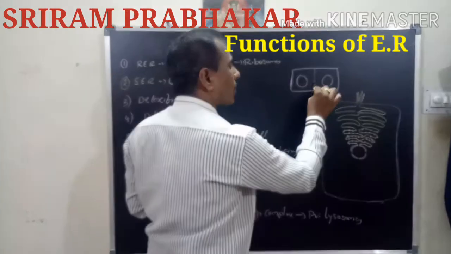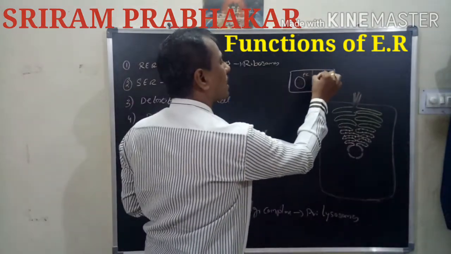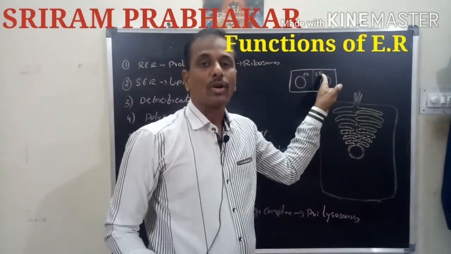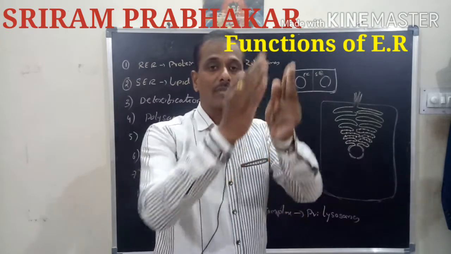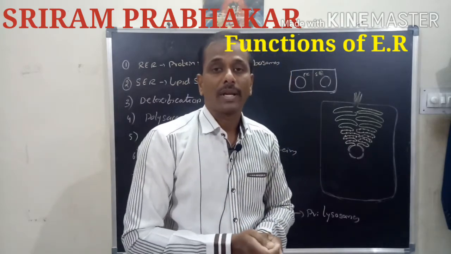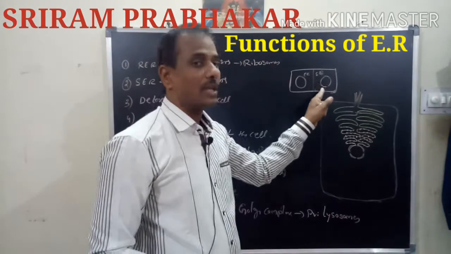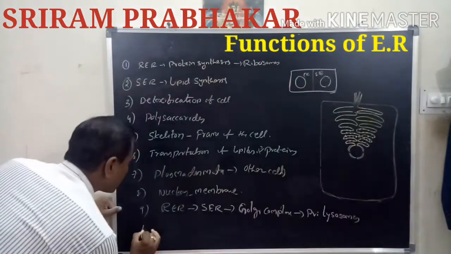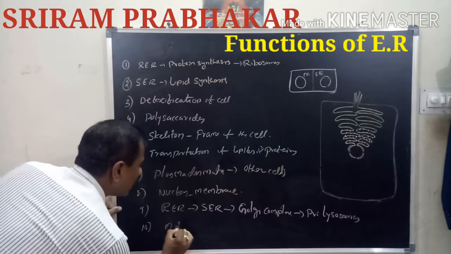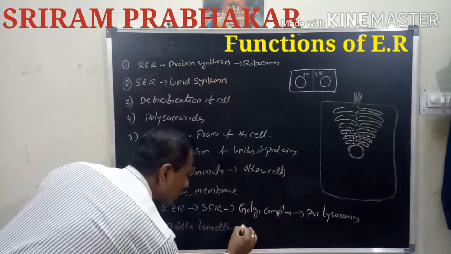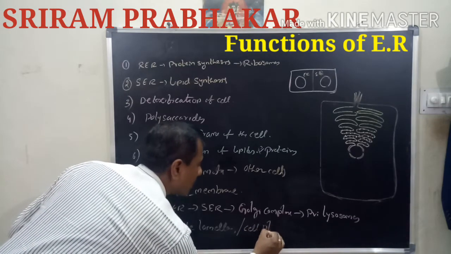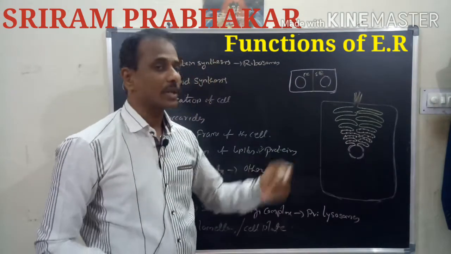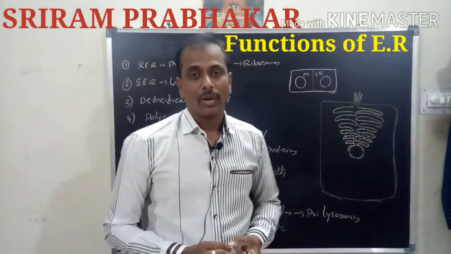This cell plate is formed with the help of the endoplasmic reticulum. Golgi complex and endoplasmic reticulum both help in the formation of the cell plate, that is the middle lamella of the cell. So the endoplasmic reticulum helps in the formation of the middle lamella, also called the cell plate. This is another function of the endoplasmic reticulum.